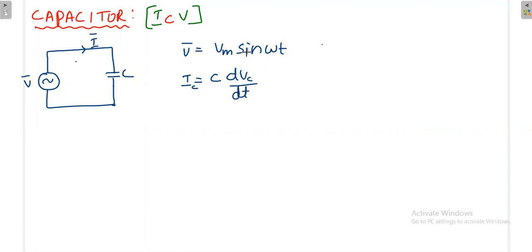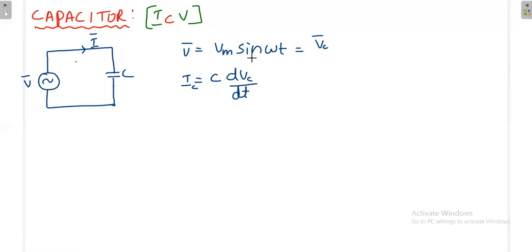Now what is the voltage across the capacitor? That is V only, because V is directly applied to the capacitor. So the source voltage is the same as the capacitor voltage, the same as Vc bar.